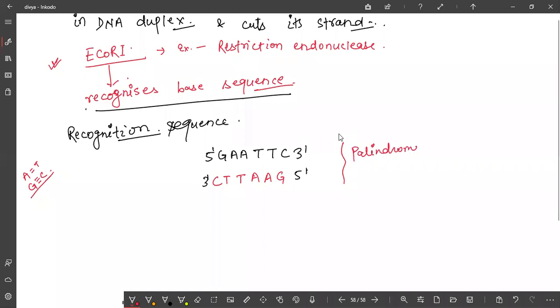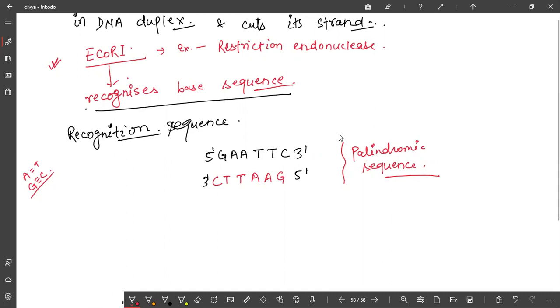Now we will come to know what a palindromic sequence is. Both strands read the same when the orientation of reading is the same. Suppose you start from 5 prime. Then what is the sequence? GAATTC. And again, in the next strand, when you keep the orientation the same, reading from 5 prime, what is this?